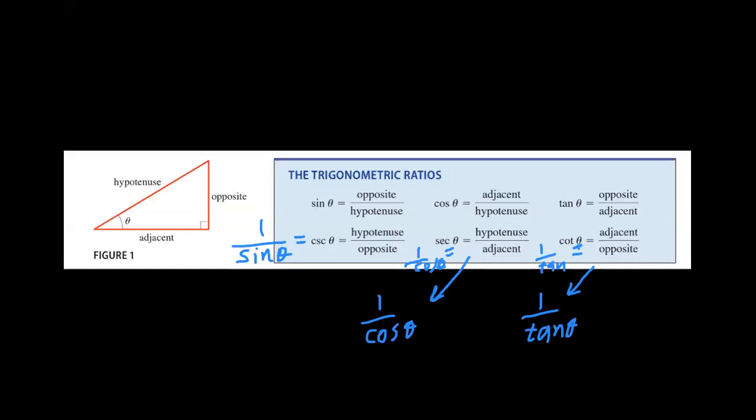Okay, and also we go over this table. Any questions so far for this lecture? Sine theta, cosine theta, tan theta, cosecant, secant and cotangent, all these are called trigonometric ratios.